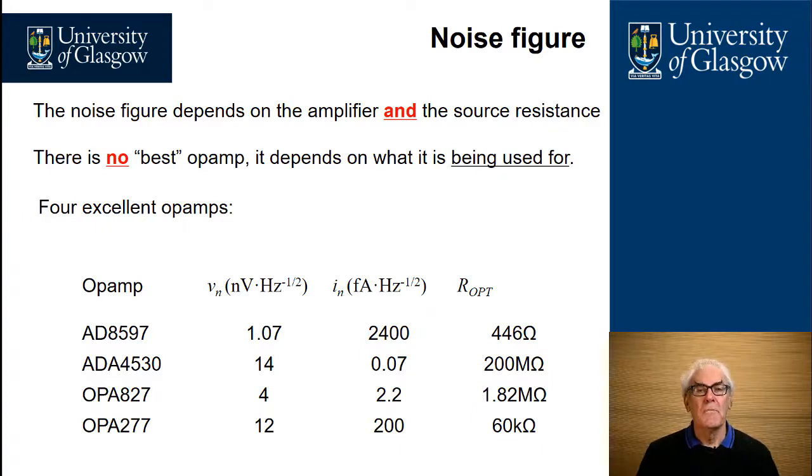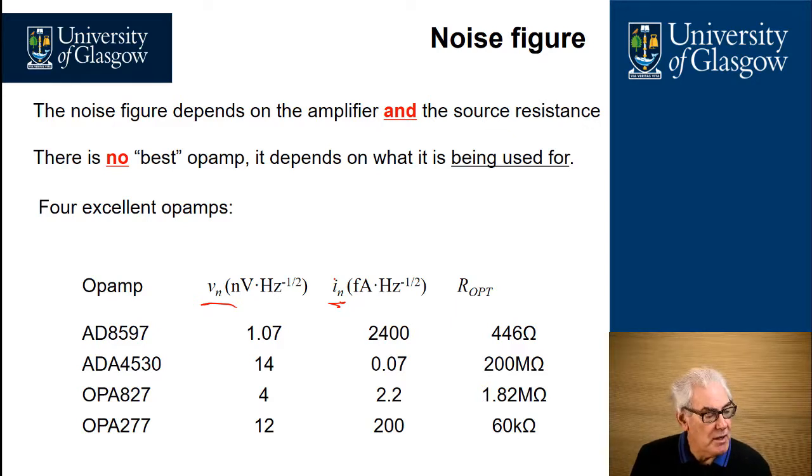If we look at some typical amplifiers, I've identified 4 fairly good amplifiers here, and we can look at the noise voltage and the noise current. And each of these amplifiers has been optimized for a different particular source resistance to get the optimum noise performance.